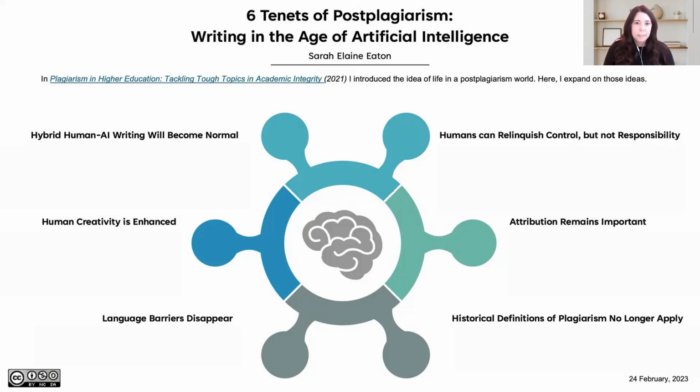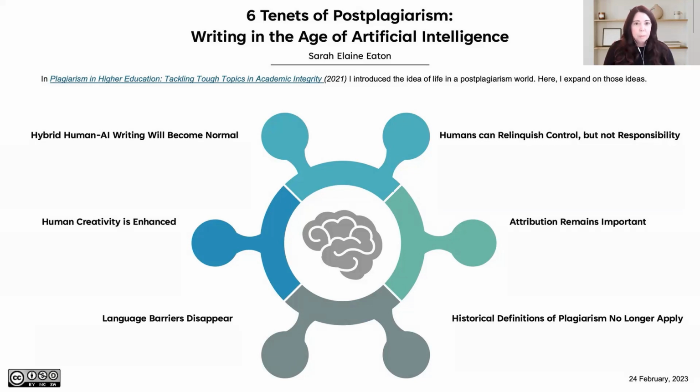She stresses that despite this shifting landscape of a post-plagiarism world, it's essential that humans maintain responsibility in terms of the output that they create, regardless of whether it's human or AI generated. They can't just give up that responsibility.